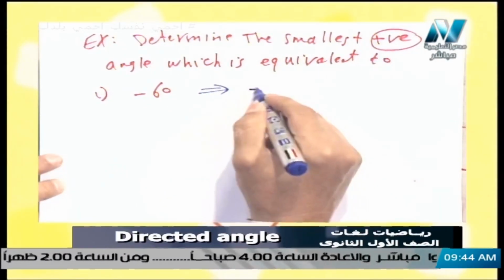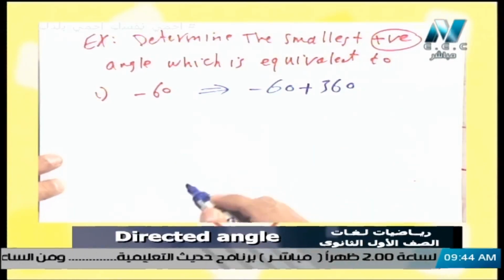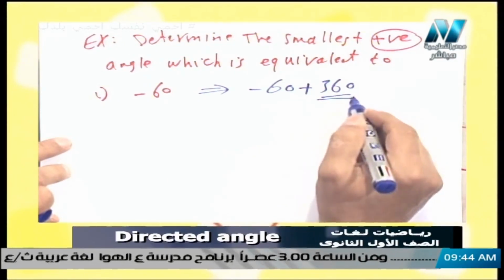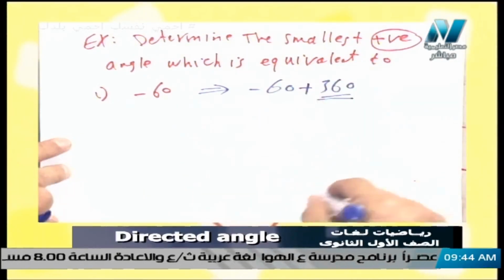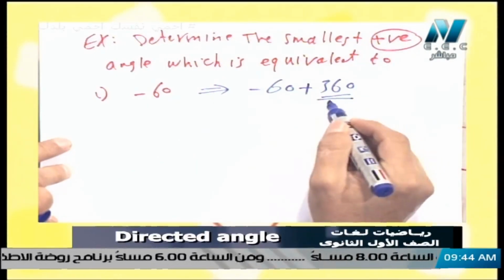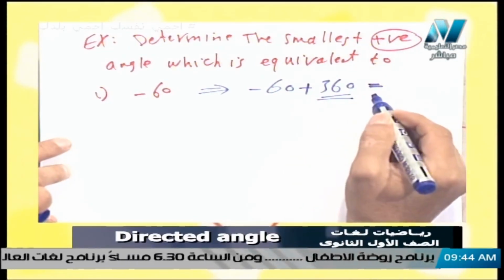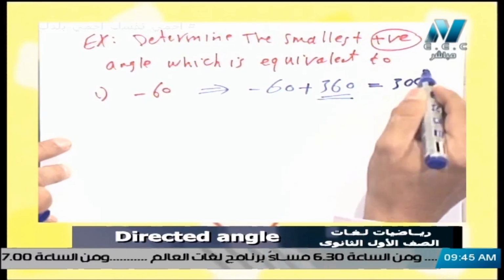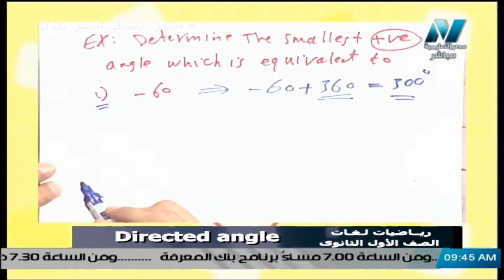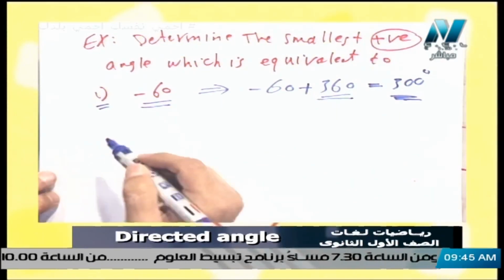To get that, we write negative 60 plus 360, because we try to find the positive angle. So we will add a complete turn in the positive direction, anti-clockwise direction, so it will be plus 360. And the answer, of course, equals 300 degrees. So the smallest positive angle which is equivalent to negative 60 equals 300 degrees.